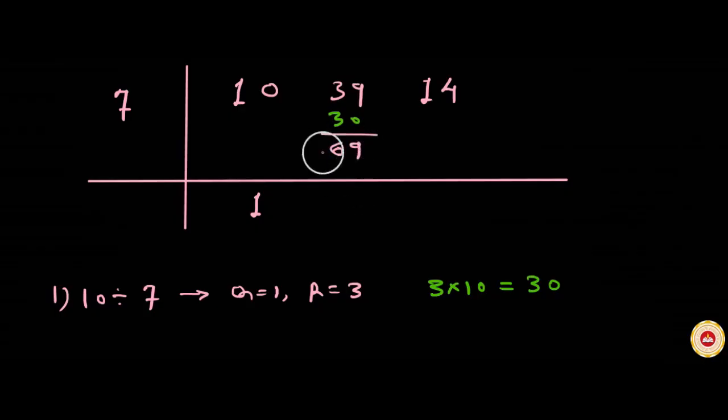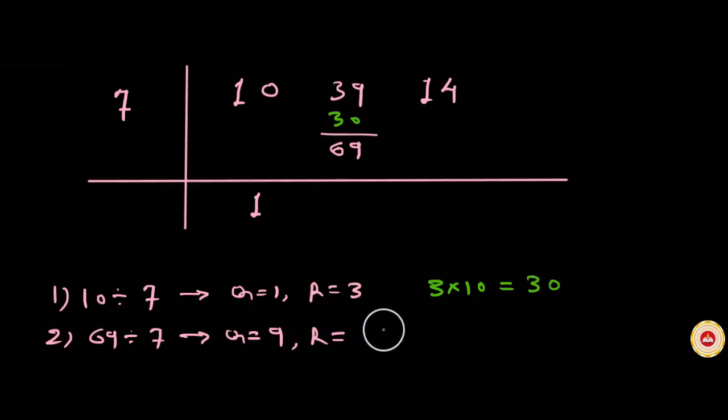This 69 is the gross dividend. So let us divide this 69 by divisor 7. 69 divided by 7 gives quotient 9. 7 nines are 63, and the remainder is 69 minus 63, 6.